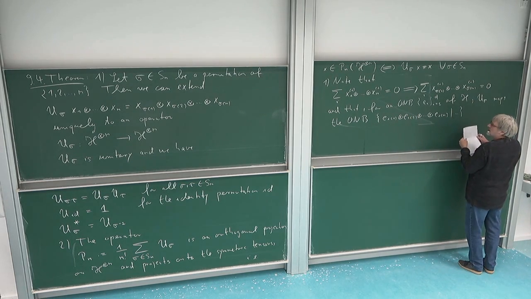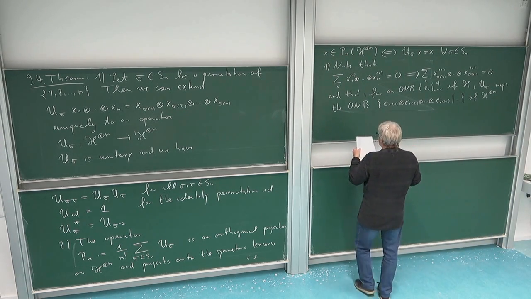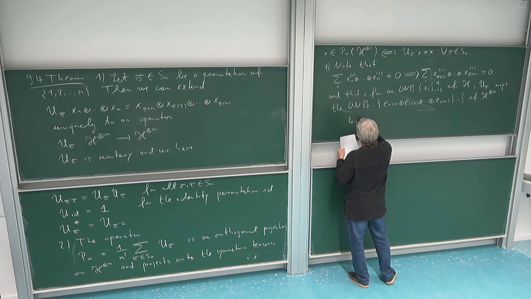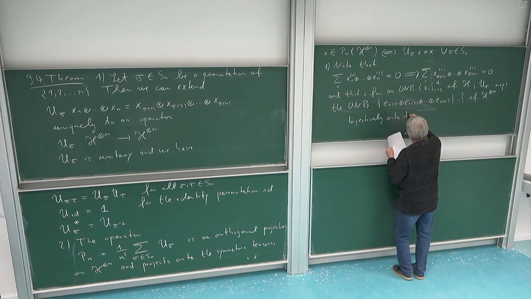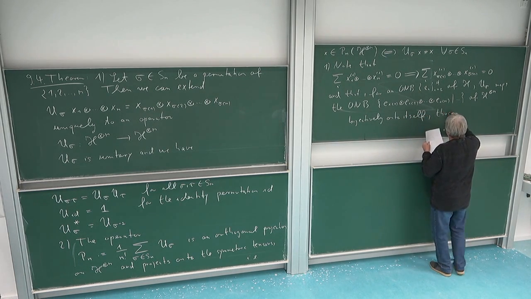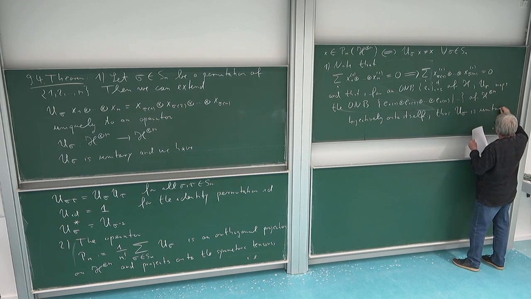So this orthonormal basis of H to the n is mapped bijectively onto itself. And this means that U sigma is unitary.